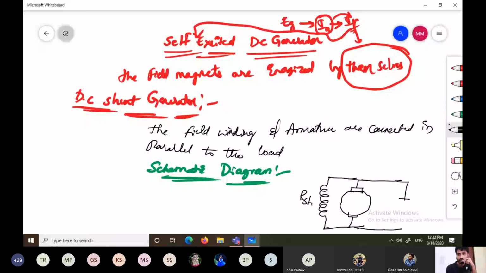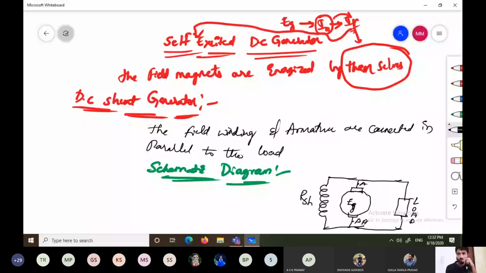And this is the armature. The armature has terminals called A and AA. In the armature, we are inducing a voltage. That means the armature is generating some amount of voltage, which is called EG.